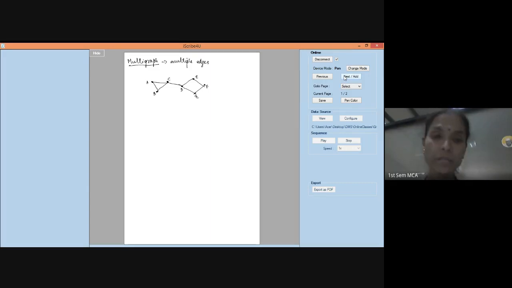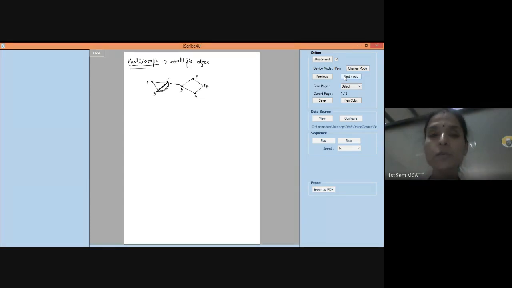Now, this is a simple graph because between any pair of two vertices, you have just one edge. Now, there can be chances that between the same pair of vertices, you will have multiple edges. Something like this. Between B and C, I already have this edge, correct? I am taking one more edge like this between B and C. Such a graph, you call it a multigraph.